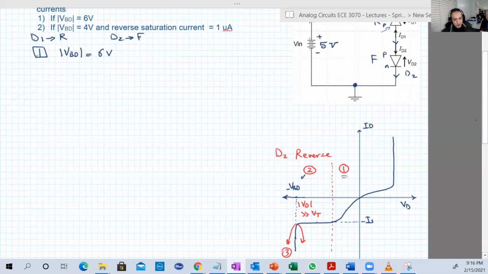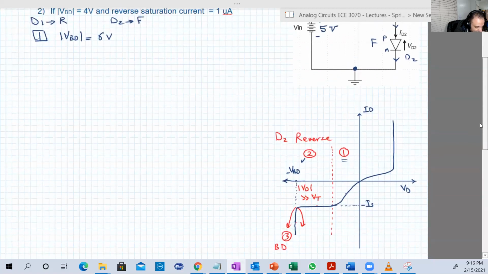Both are matched diodes, so they have the same characteristics. We have just one characteristic here, ID versus VD. This ID can be ID1, VD1, or ID2, VD2, because they are matched and have the same characteristics. They will be different in the operating point: one of them in the forward region, the other in the reverse region.